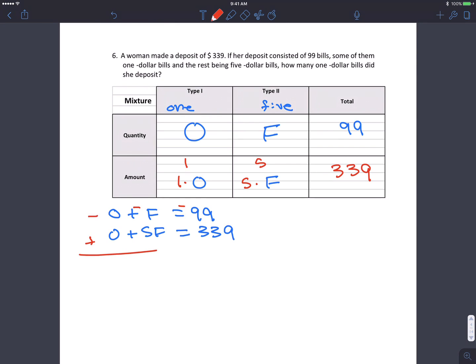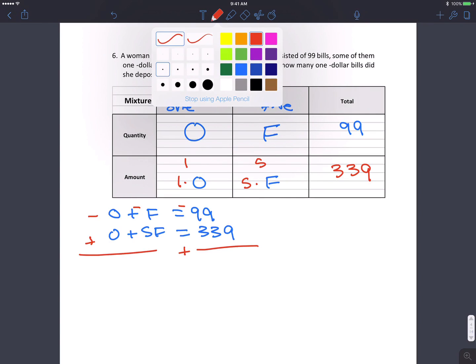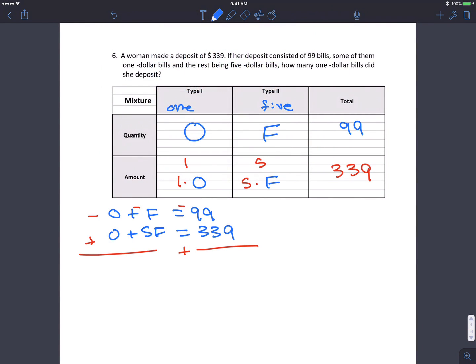So when I add both sides by this addition method, I get 4F is -99 plus 339. So the answer is going to be positive. I need to know what 339 minus 99 actually is. We find that this is 240.